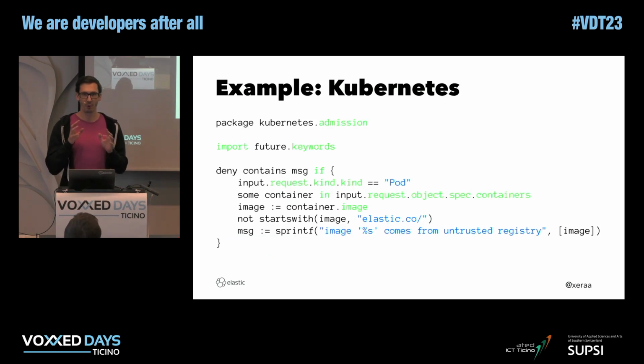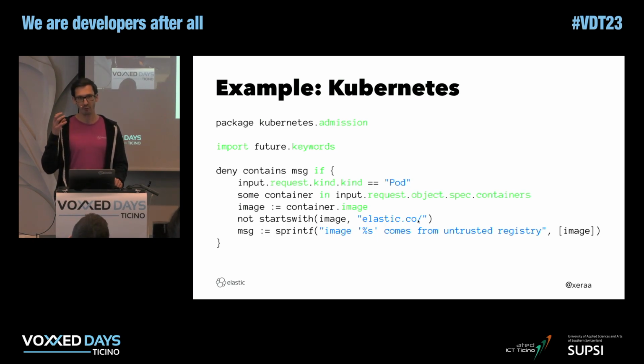To make this a bit more complicated, or maybe real life, if you want to use Kubernetes, OPA has packages where you say, I want to access the Kubernetes admissions, and I'm importing future keywords. So here what I'm saying is, if the resource I'm querying is a pod, then the container image needs to start with elastic.co/whatever.